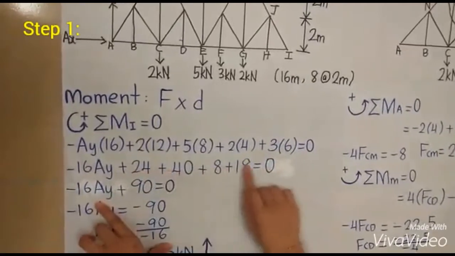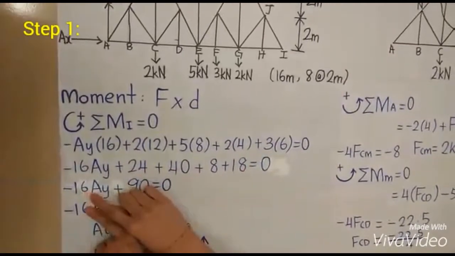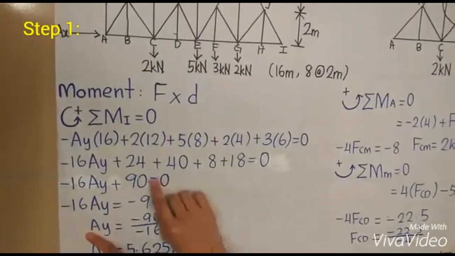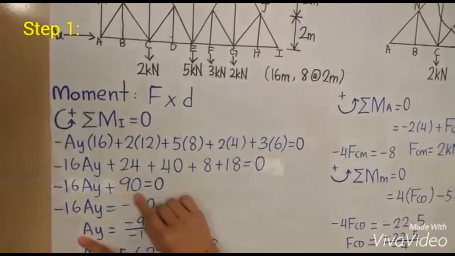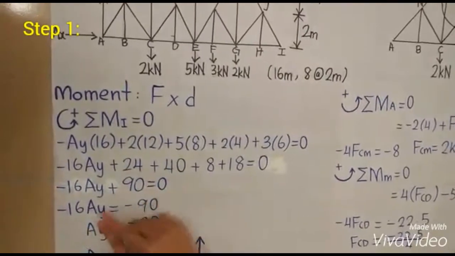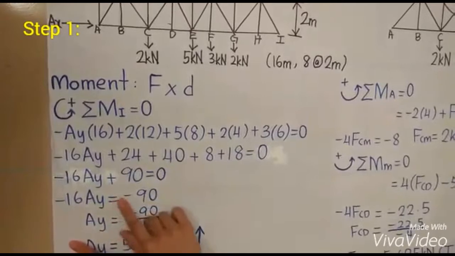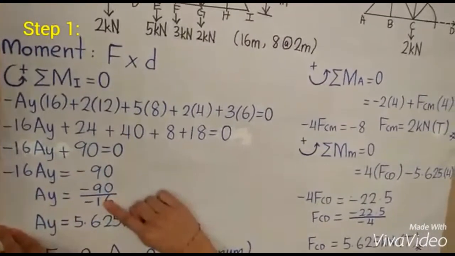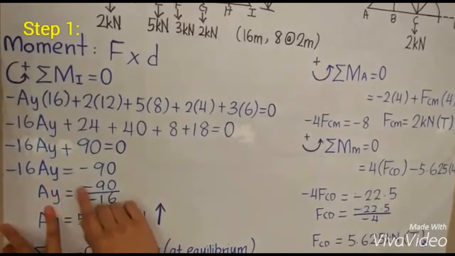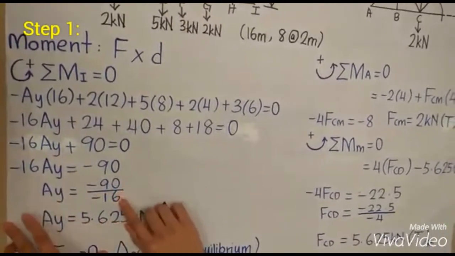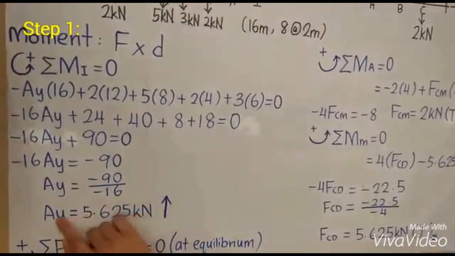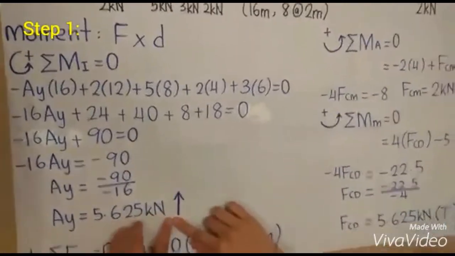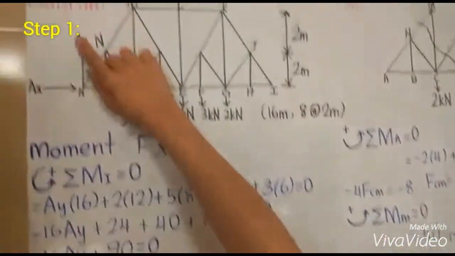Then, by adding up all these numbers, we get negative 16 AY plus 90 equals 0. Shifting positive 90 to the opposite side, we get negative 16 AY equals negative 90. And by shifting negative 16 to the other side, AY equals negative 90 divided by negative 16. So, the answer for AY is 5.625 kilonewton in upward direction.